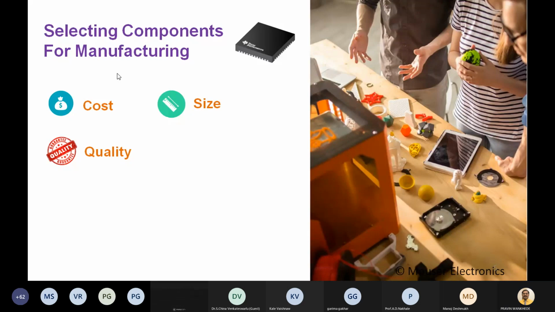Take the example of using a component in an inexpensive toy. Suppose you have a simple toy at home which you bought for around 400 or 500 rupees. At that time, generally we don't think about the quality of the electronics or the RF circuit used in the toy, because we know that most of the toys we buy, made in China, come with no warranty.